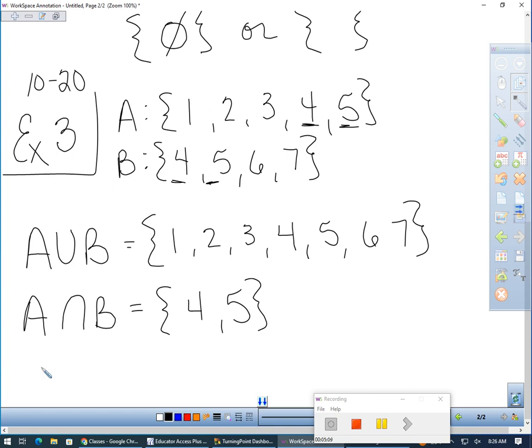Let's try another one similar to this. How about we'll write it a little bit different. Let's go with example number 4.